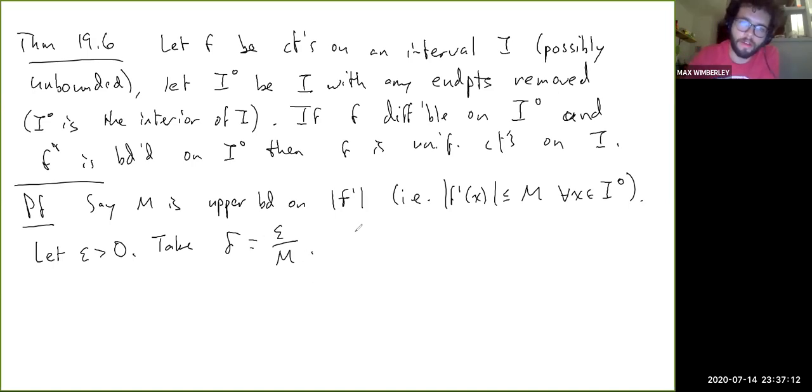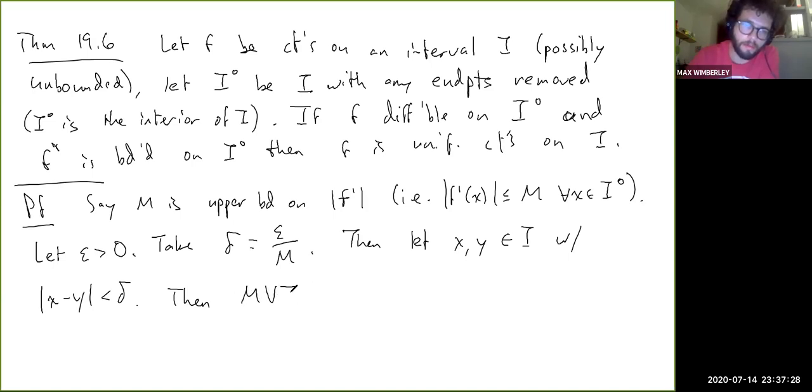Then let x and y be in I with the absolute value of x minus y less than delta. Then the mean value theorem tells us... The problem is, how do we actually capitalize on our knowledge of this upper bound on f prime?